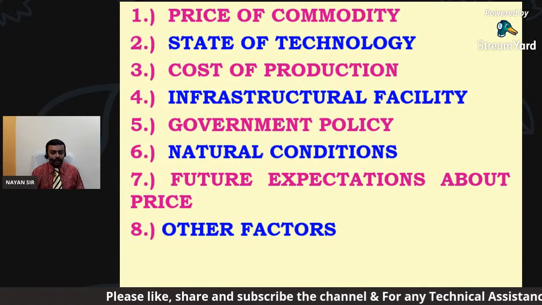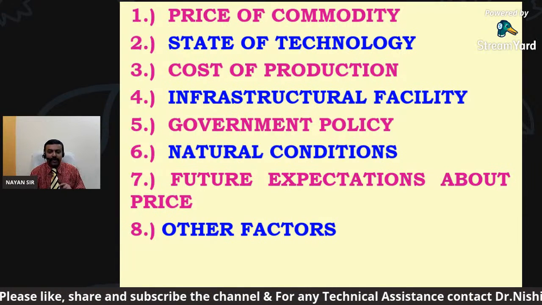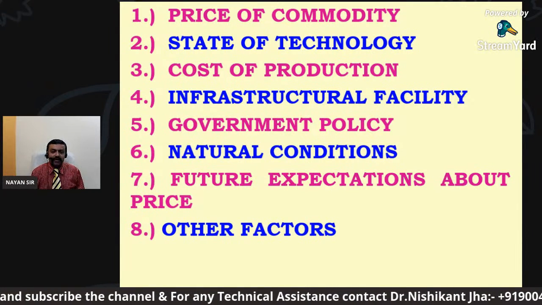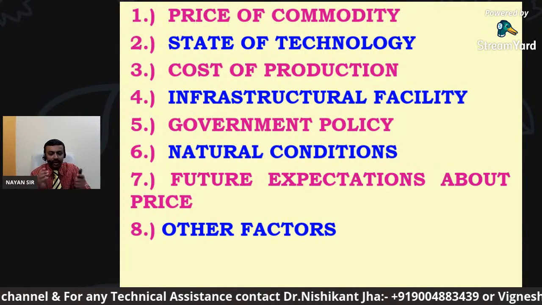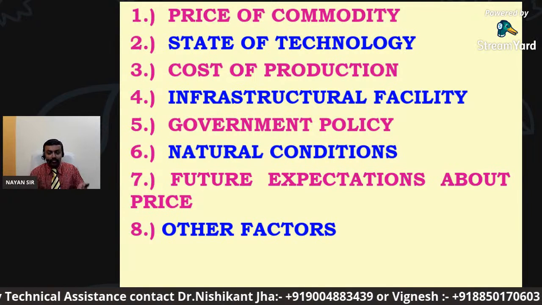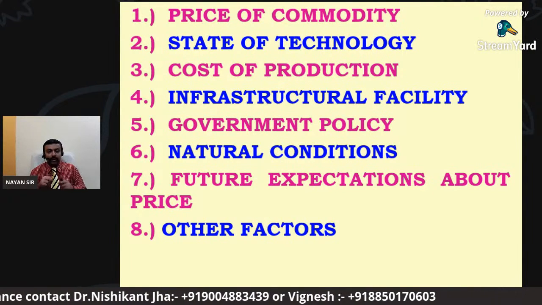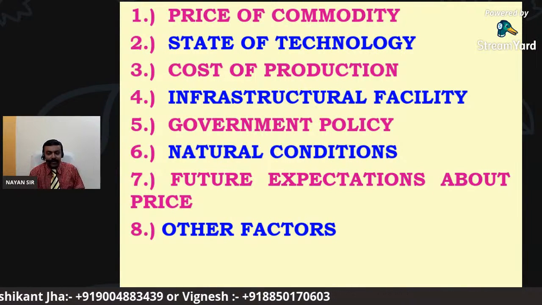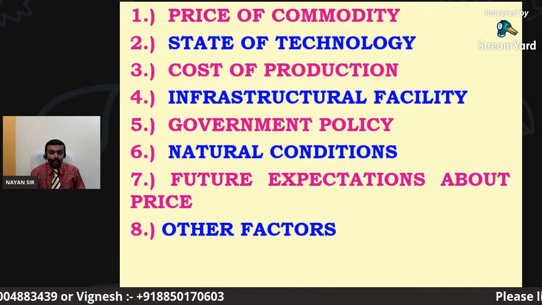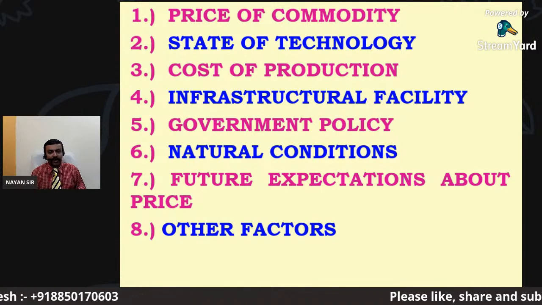The seventh point flashed on the screen is future expectation about price. If the prices are expected to rise in the near future, the producer may withhold the stock, thus reducing the supply, and vice versa.